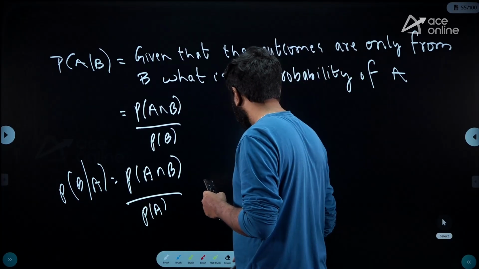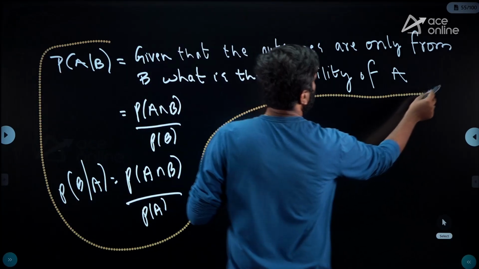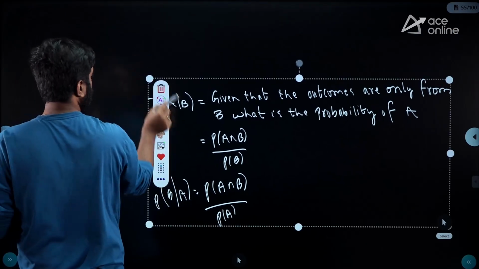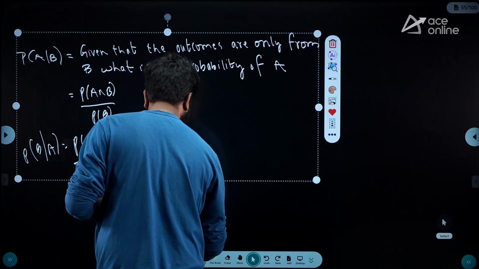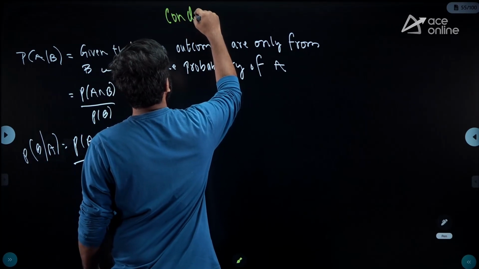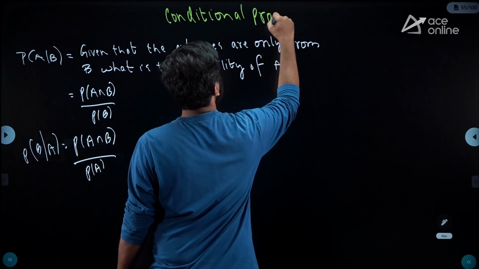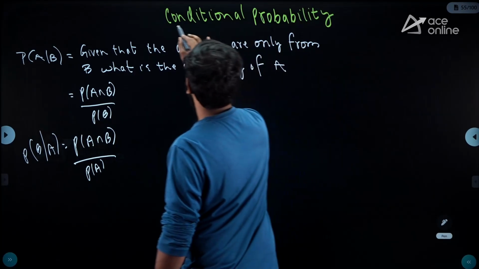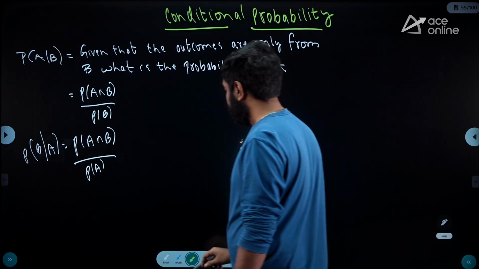So there are some special cases. Let me discuss those special cases. So what is the heading, students? Conditional probability. Okay.